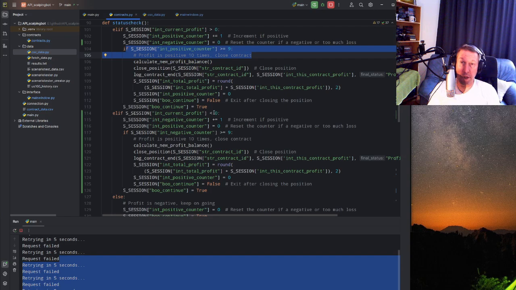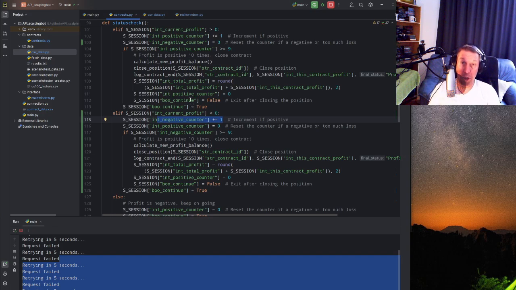if the current profit is smaller than 0, then there is a negative counter, and we wait 10 minutes, and then there will be a position close if it is longer than 10 minutes in the negative. And both cancel each other out if there is a switch. So if there is a negative, you see that the positive counter becomes 0 and the negative counter goes +1 for each minute.